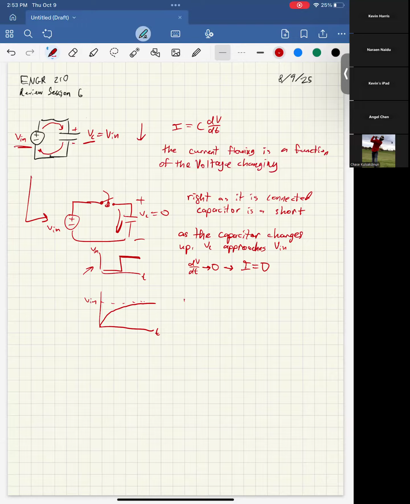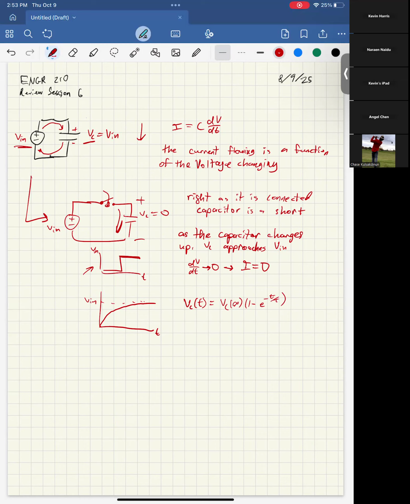You'll probably learn this in class as VC of t equals, what is it? For just a basic thing in series here, it'll be VC of infinity times 1 minus e to the negative t over tau.